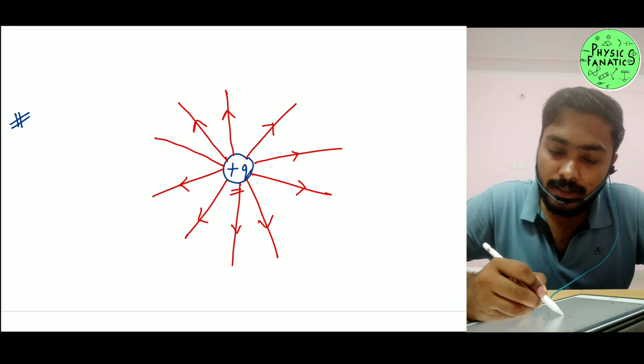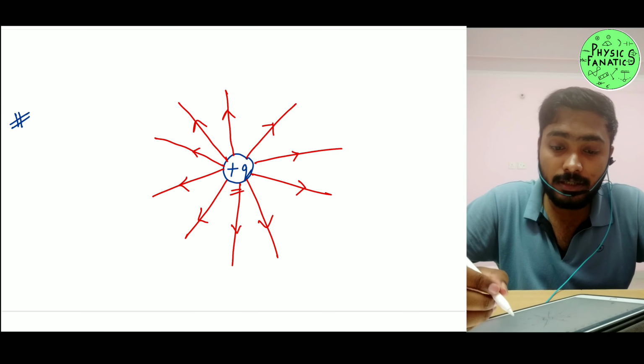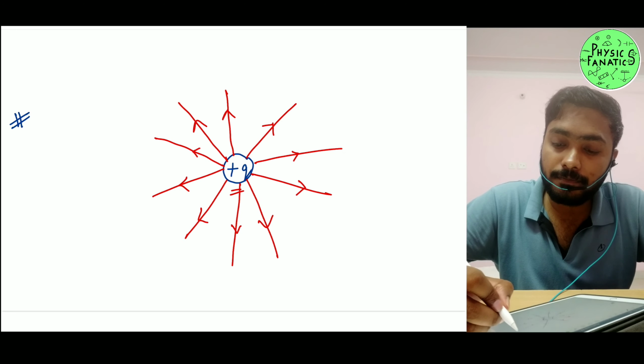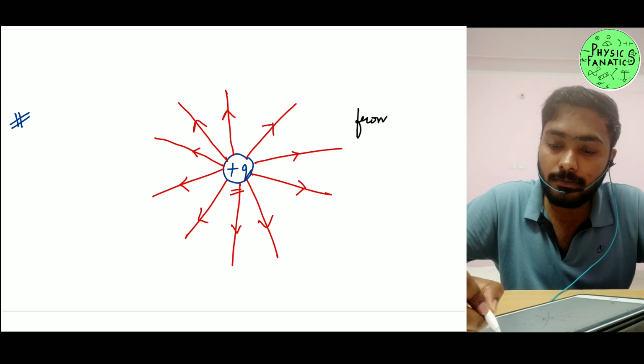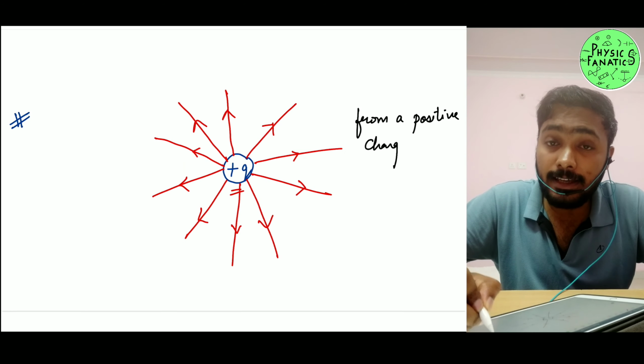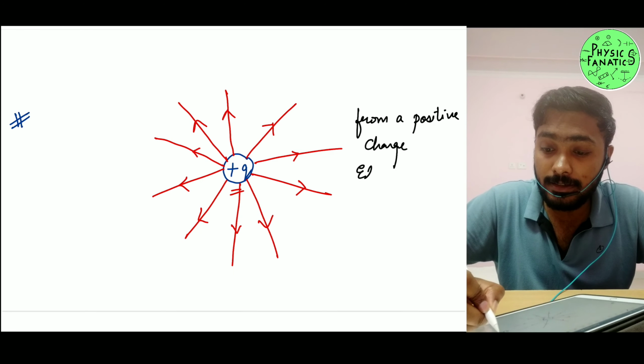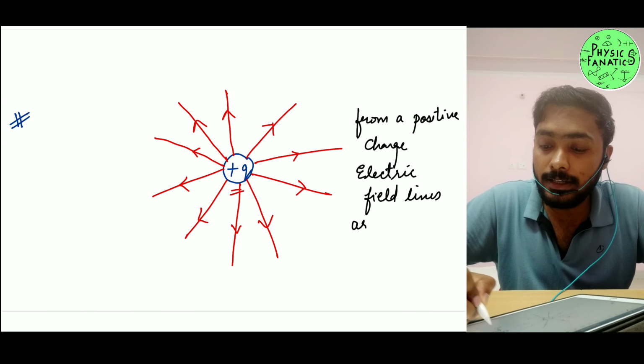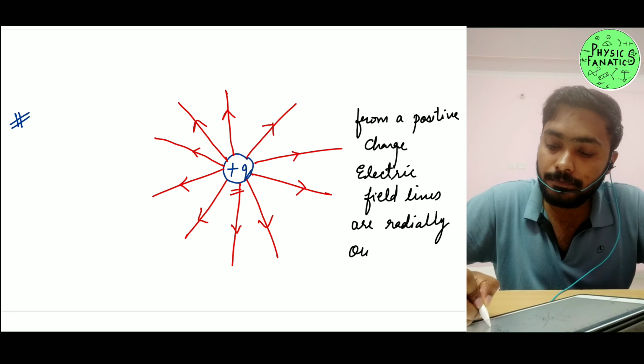You can write it over here: from a positive charge, electric field lines are radially outward.